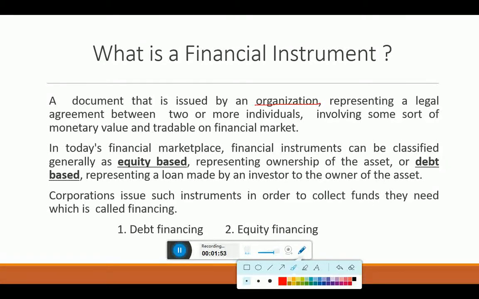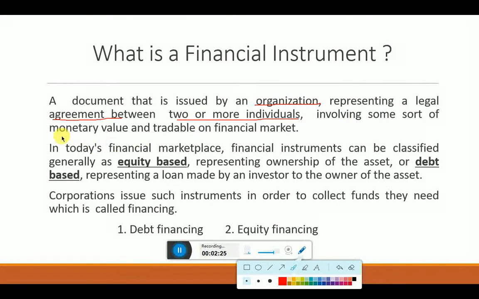This document represents a legal agreement between two or more individuals. These individuals can be legal entities or natural entities. Legal person or natural person, involving some sort of monetary value and tradable on financial market.